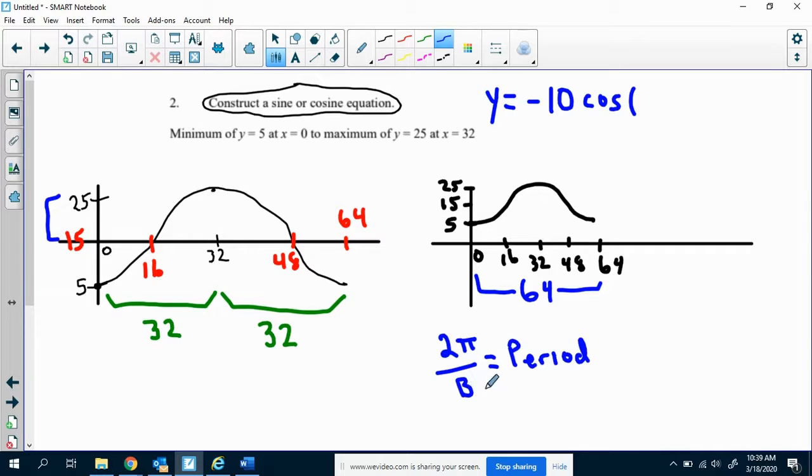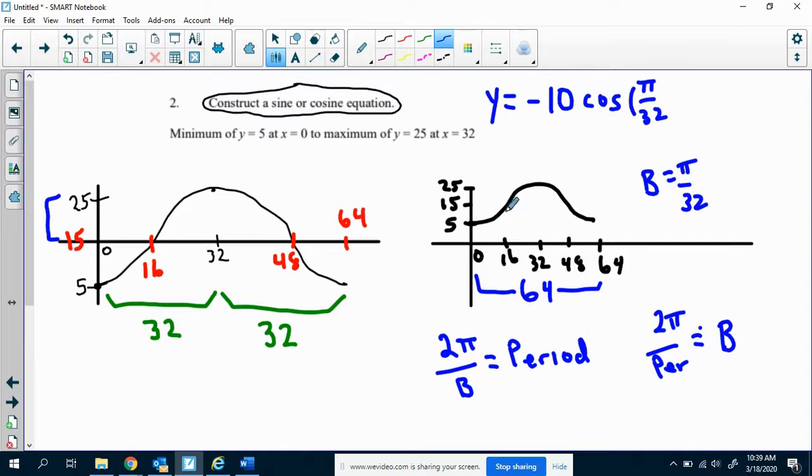So I would multiply both sides by b and divide both sides by the period. So I know that 2 pi divided by the period is equal to b. And since the period is 64, 2 pi divided by 64 is pi over 32. So b is going to be pi over 32. And I'll write that over here, pi over 32.